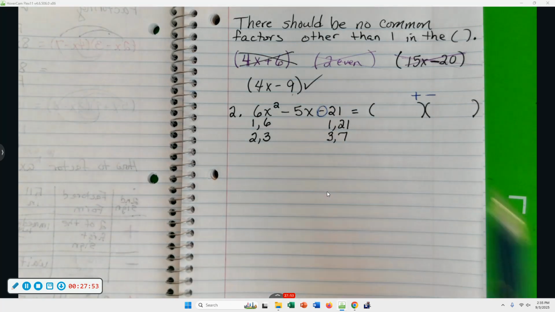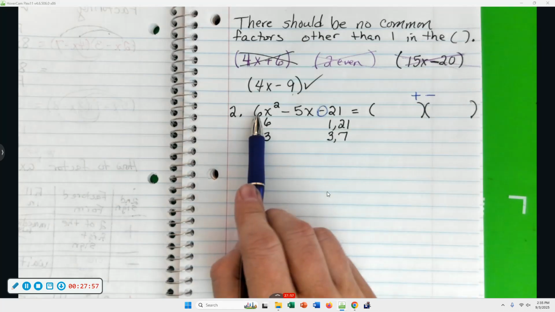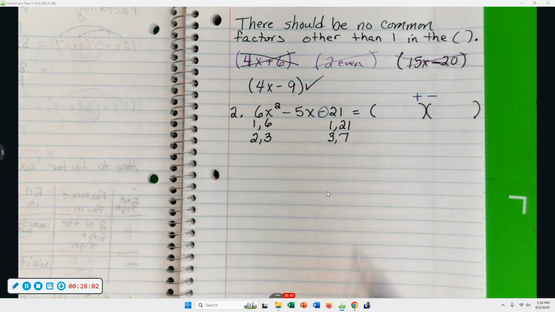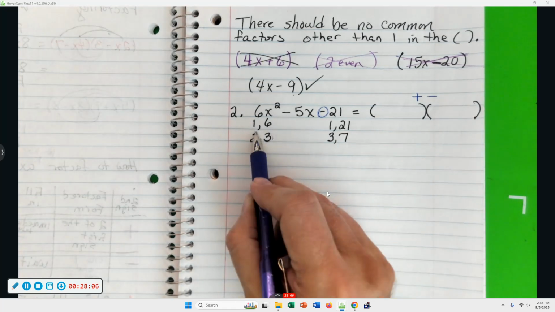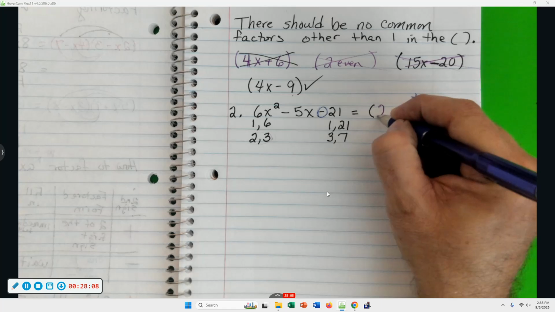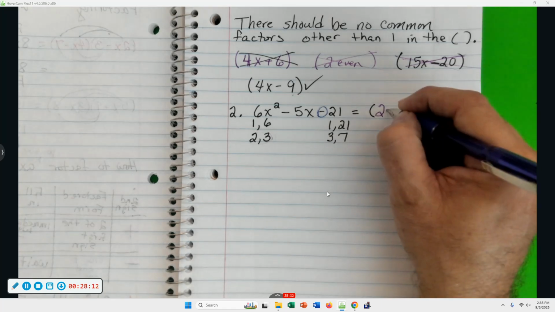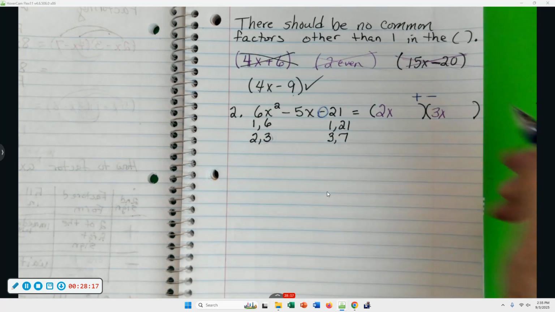I'm not going to put a 5 and a 7 right here because 5 times 7 doesn't multiply to give us 6. I can only use 1 times 6 or 2 times 3. I'm going to generally start with the numbers that are closer together. I'm going to try 2x, 3x.